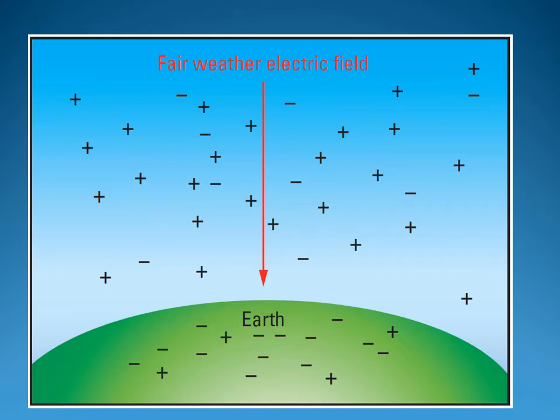A fair weather electrical field is about 100 volts per meter or so, where we need 1,000,000 volts per meter to get a lightning strike. So we're not going to get lightning with a fair weather electrical field. What happens is that a thunderstorm will disrupt this fair weather electrical field.